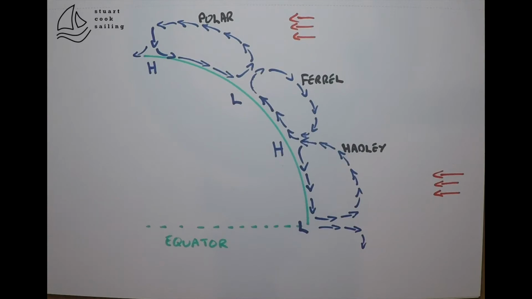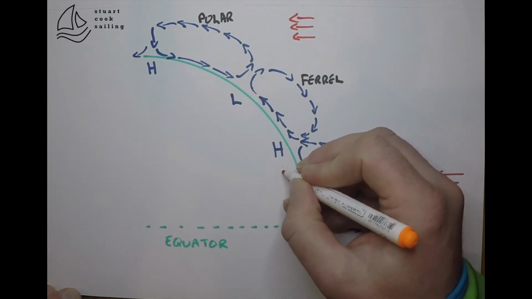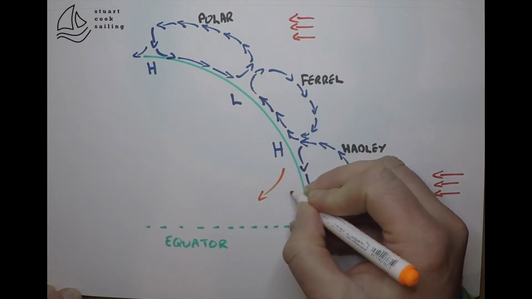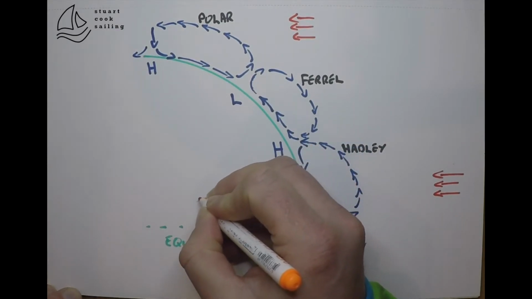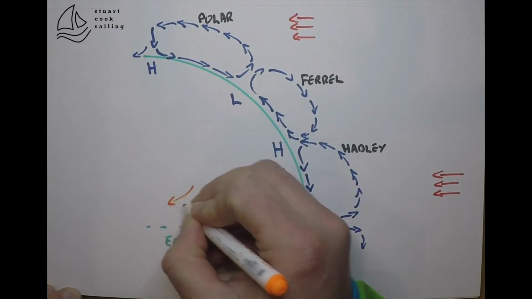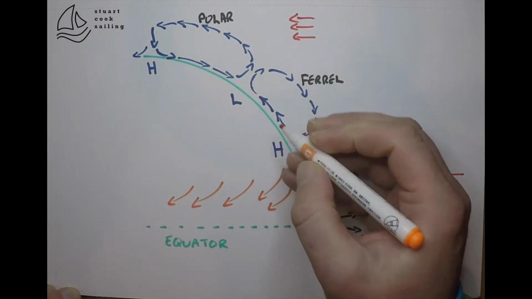So as the winds try to go from the high to the low, they're getting pushed to the west. So they're creating these easterly winds, or east-northeast. These are our standard tropical trade winds.